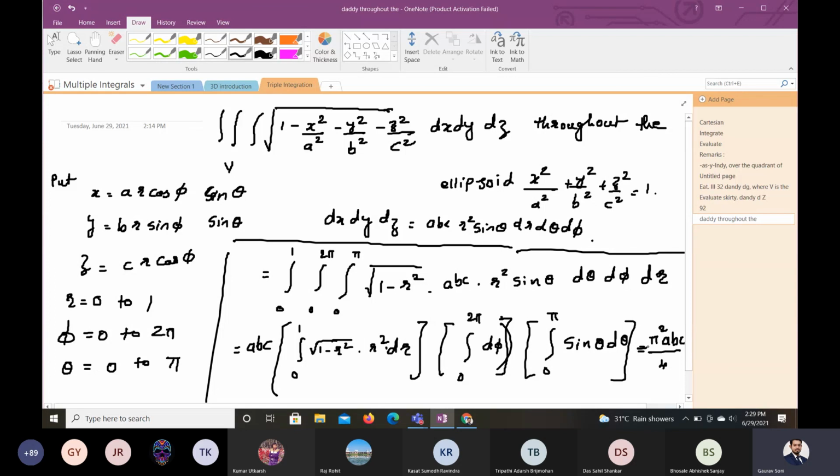Just in 2 to 3 steps you can actually give the answer for multiple integrals, and the name of the theorem is Dirichlet's theorem. So in tomorrow's lecture we'll see Dirichlet's theorem and two applications of multiple integrals, and we'll end our largest module. So maybe in coming 1.5 weeks we will also be done with our syllabus.